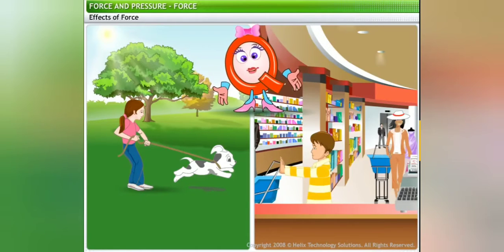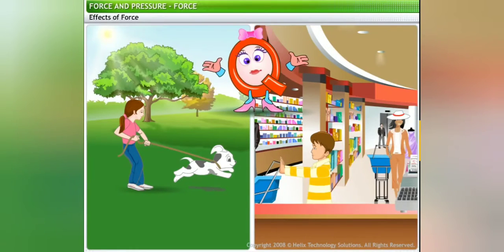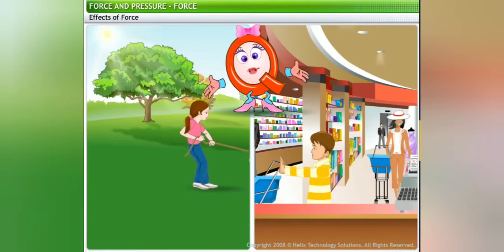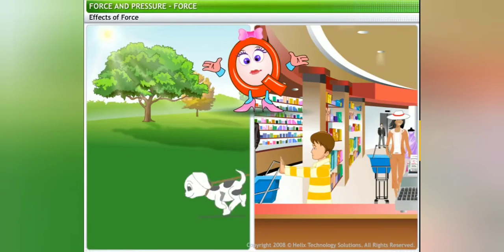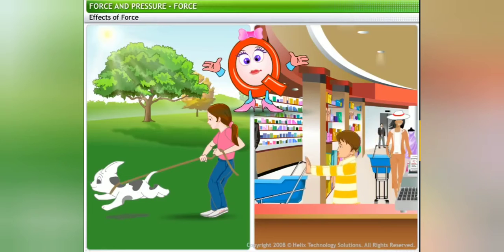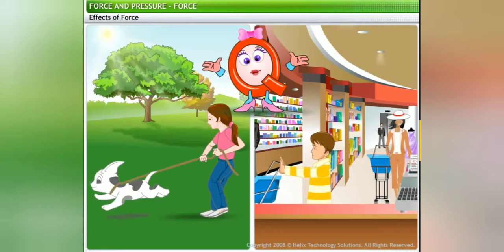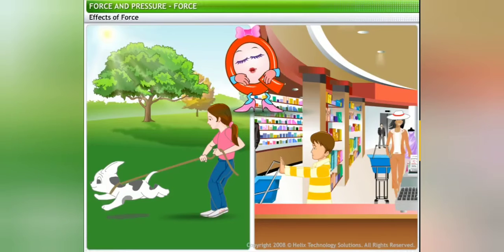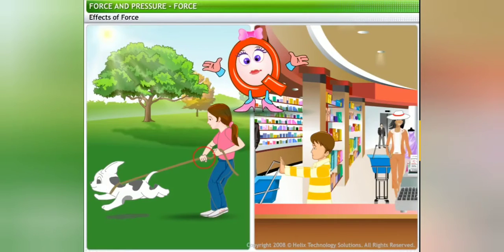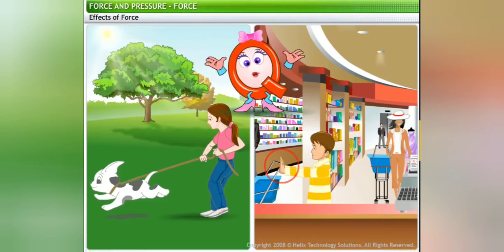Both Tina and James are applying force. What is the effect of force on Tina's dog and on James's shopping cart? You observed that the dog was moving and it stopped when Tina applied force on its leash, whereas the shopping cart was stationary before James pushed it.